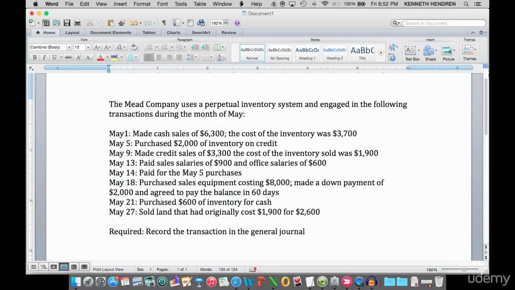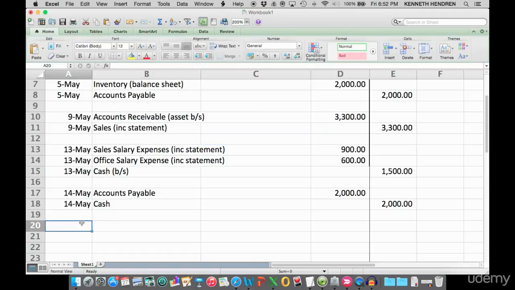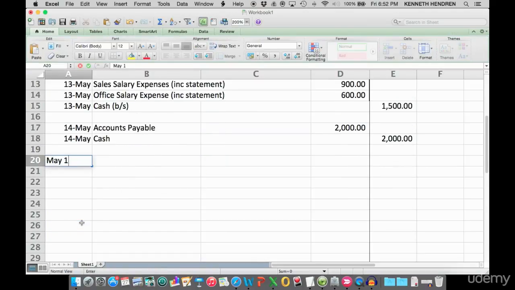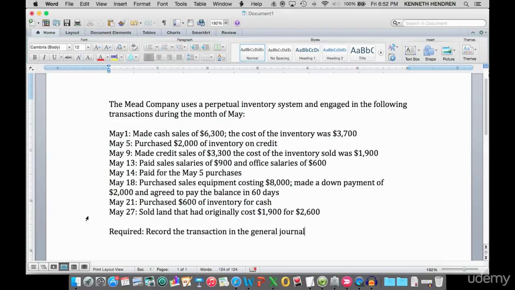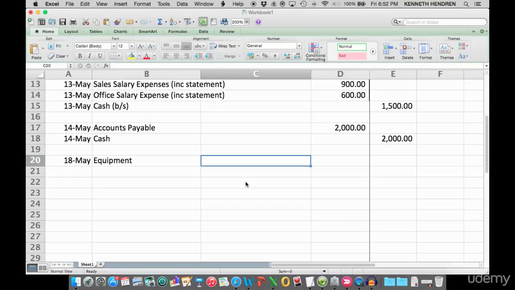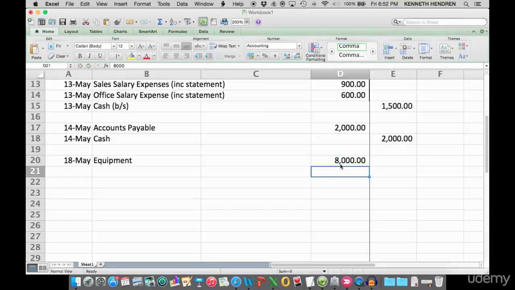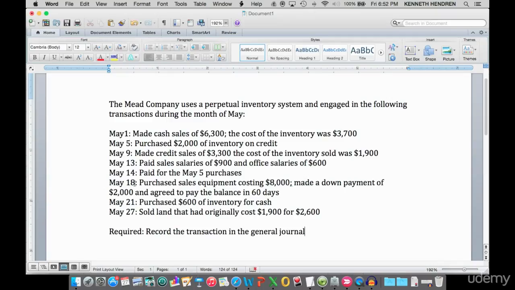All right. Now, May 18th, purchase sales equipment costing $8,000. All right, May 18th. So, equipment for $8,000. And then, we made a down payment of $2,000 and agreed to pay the balance in 60 days.